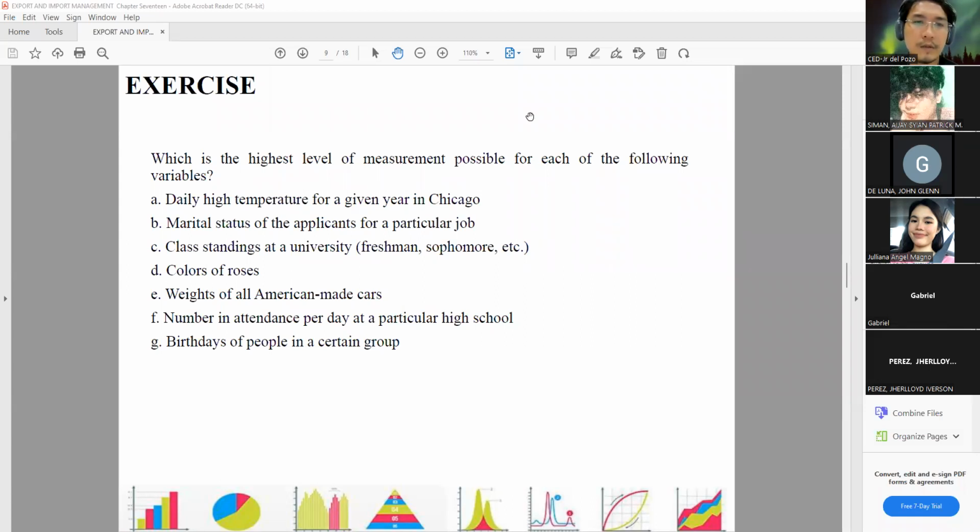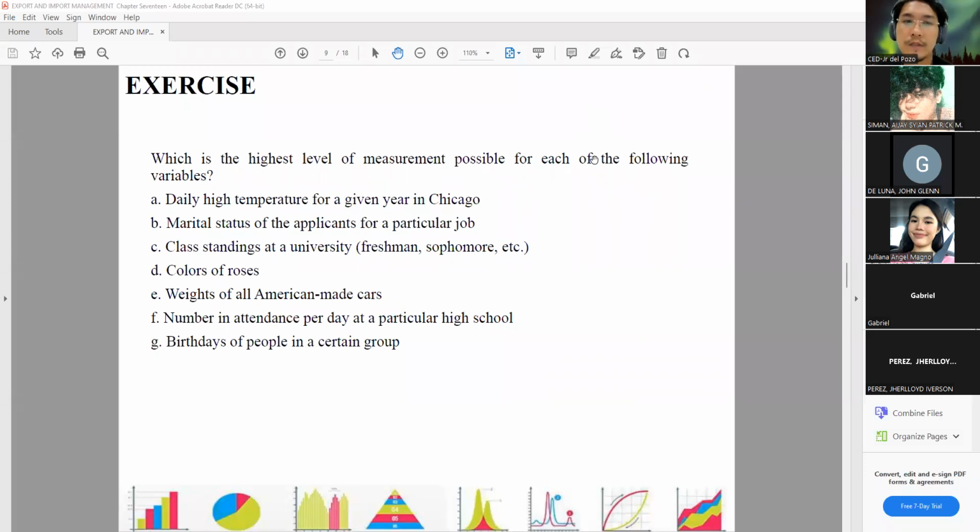Letter B, marital status of the applicant for a particular job. Nominal, yes. Kasi hindi naman natin pwedeng i-rank yung single, married, gano'n. Wala siyang equivalent. Okay, letter C, class standings at the university, freshman, sophomore, etc. Ordinal, yes.